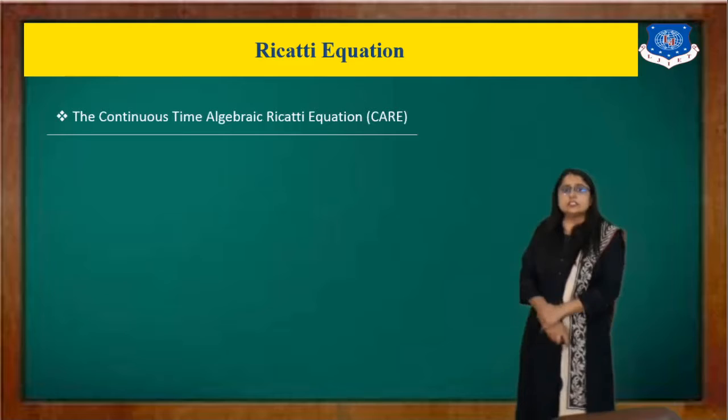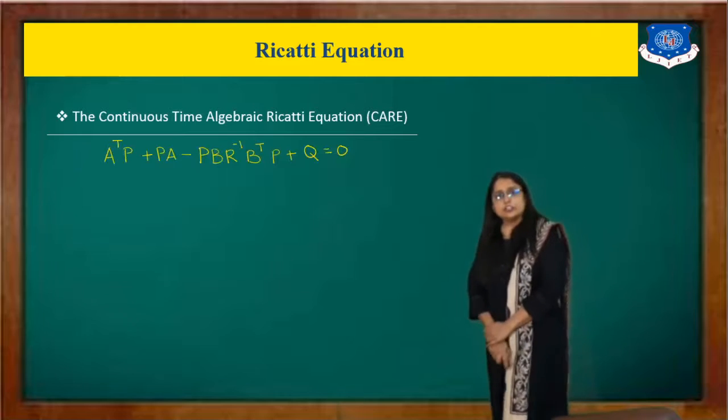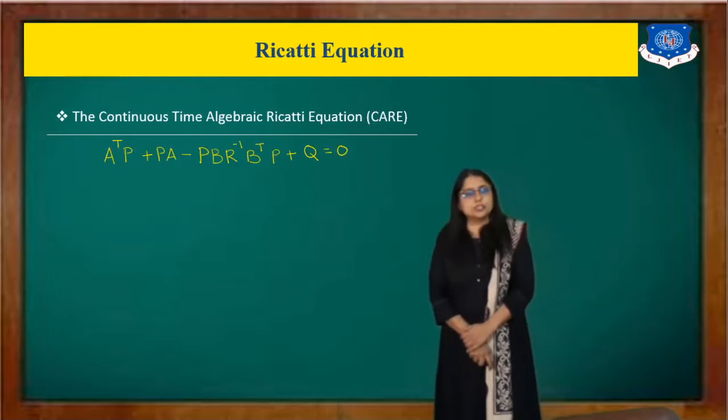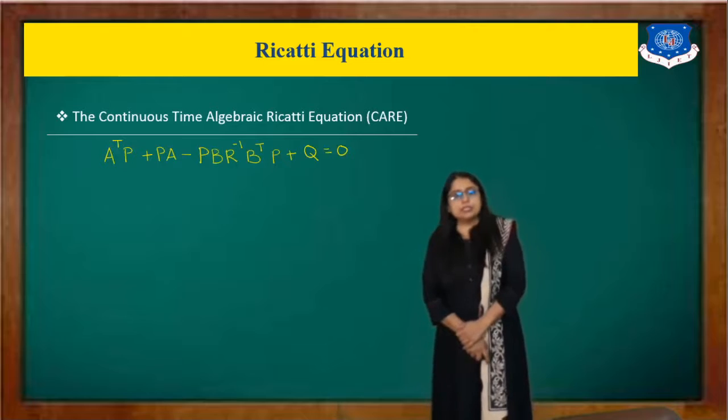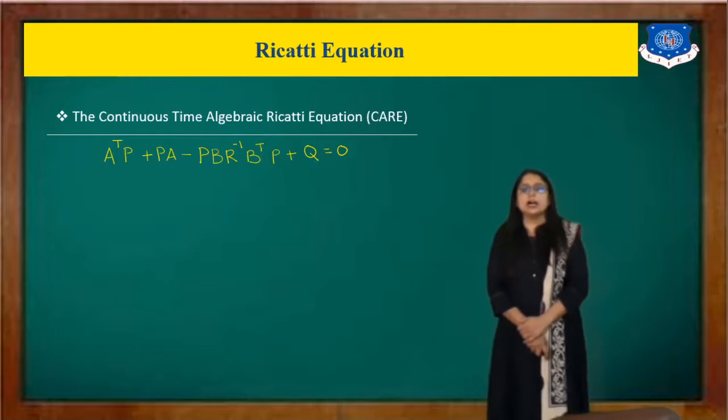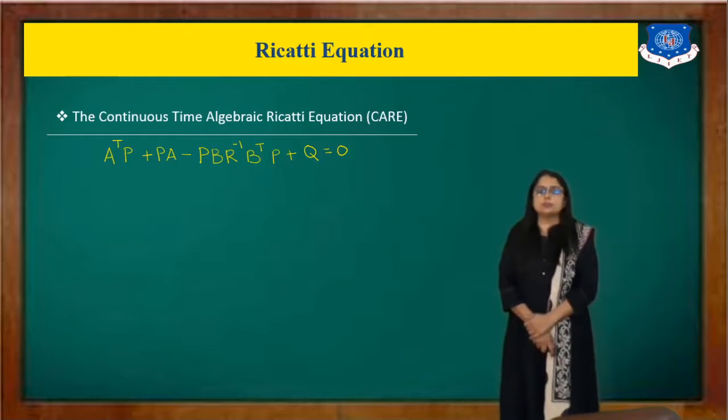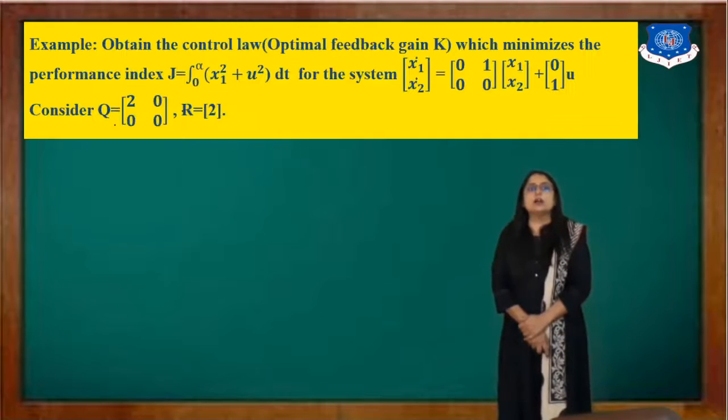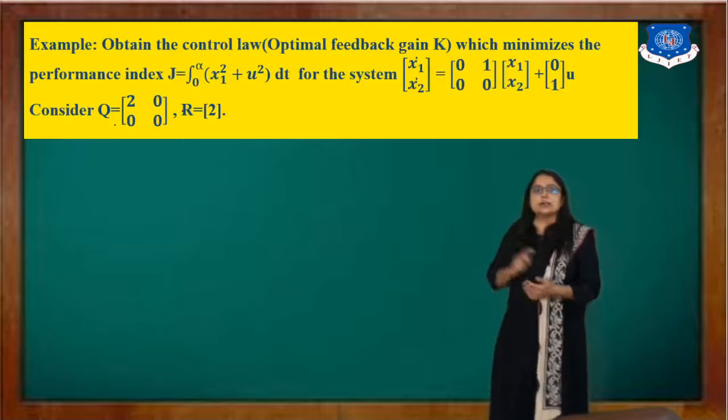For the continuous time algebraic Riccati equation: A transpose P plus PA minus PB R inverse B transpose P plus Q equals 0. Now, this is the example.